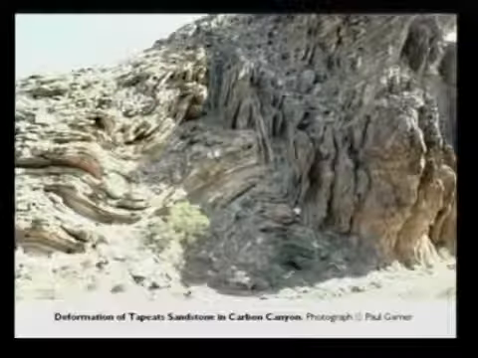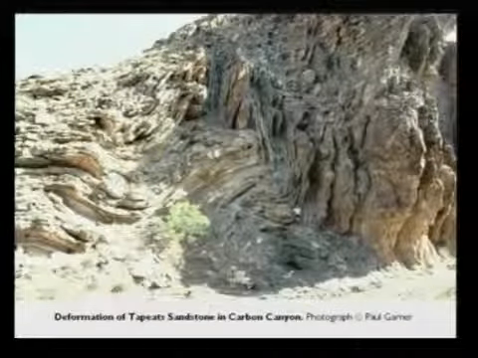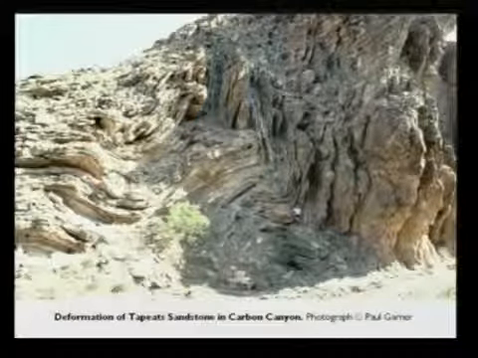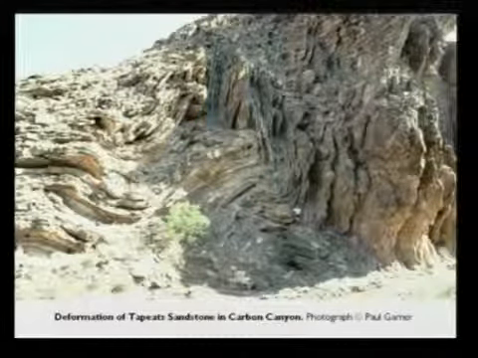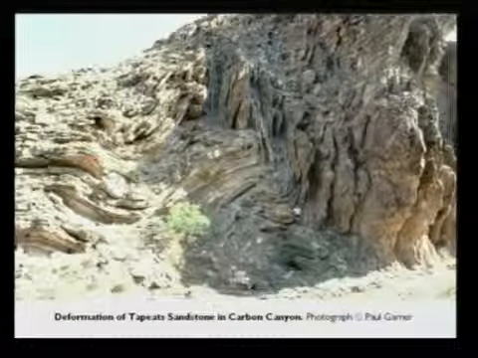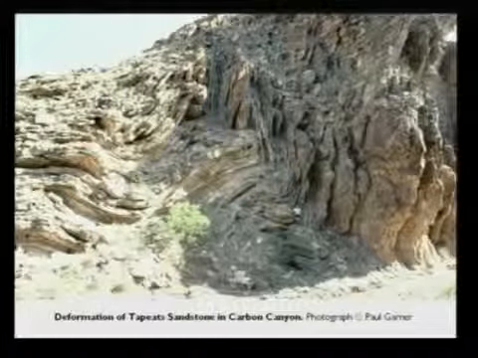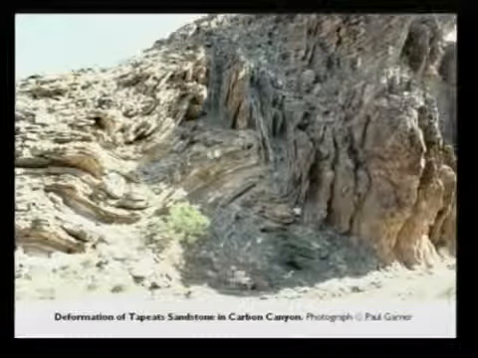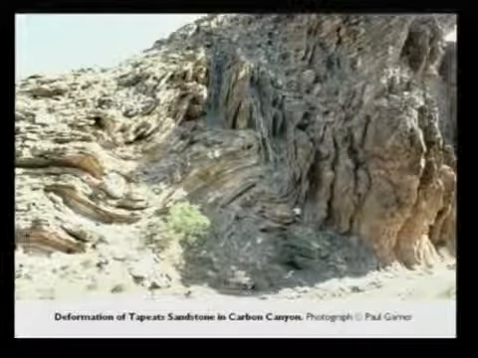Because instead of fracturing like the underlying crystalline basement rocks did, the Tapeats sandstone kind of draped itself over the structure that caused the folding. It didn't fracture. It just draped itself. It thinned out and stretched, if you like, over that structure.